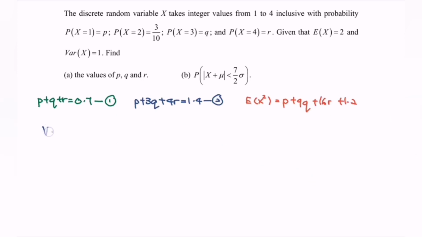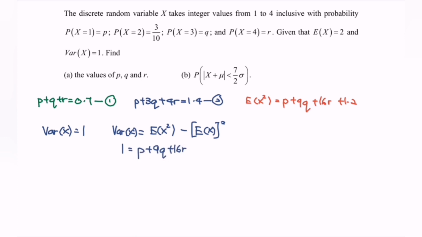Next, we have variance equal to 1. The formula for variance is equal to E(X squared) minus the square of E(X). So kindly substitute, where we have 1 is equal to P plus 9Q plus 16R plus 1.2 minus the expected value, which is equal to 2.